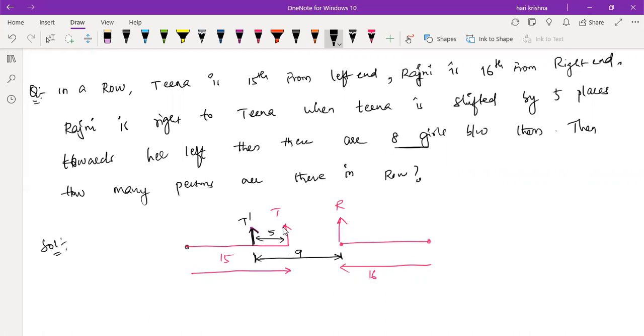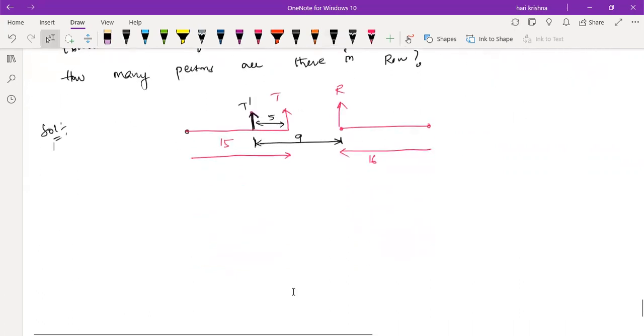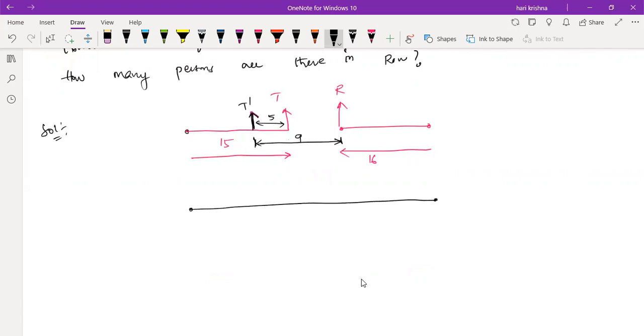Any doubts in this? No, sir. Now tell me from left to right total. Just calculate it. First is 15, but here to here the distance is only 9 and 5, so overall it is 4 only, right?